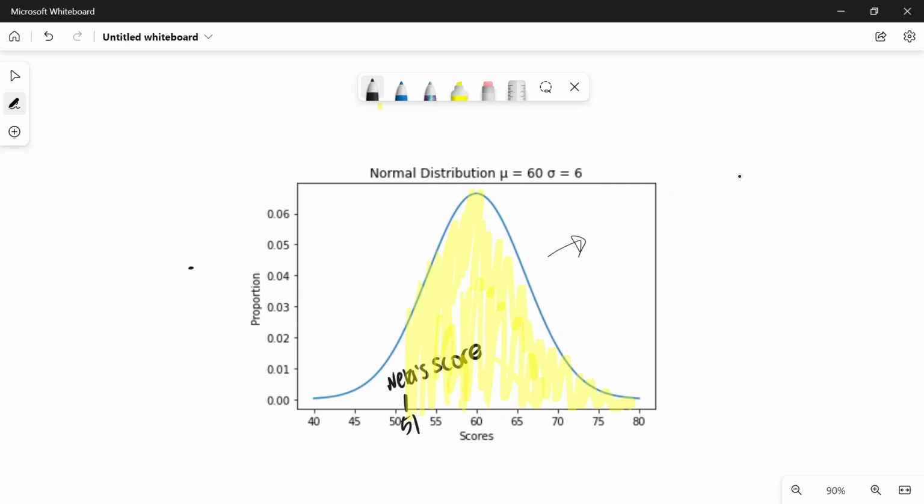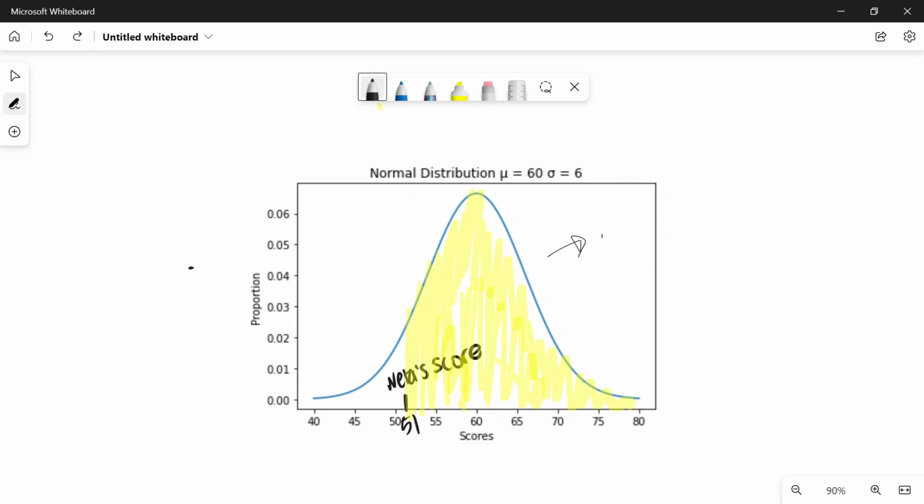If you're using a calculator, it doesn't matter because you specify your boundaries, the lower and upper, so there's no need to do 1 minus SF. It's only in Python where CDF calculates the probability below a certain point. But in your calculators, it asks you for your boundary, so there's no need for that.